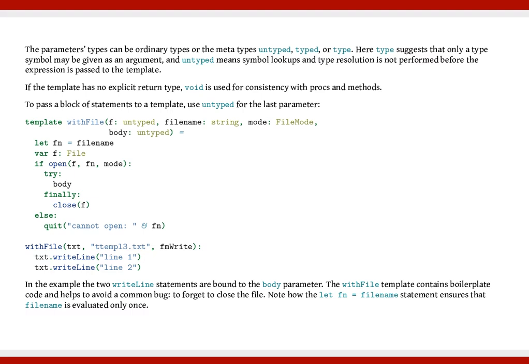In the example, the two writeLine statements are bound to the body parameter. The withFile template contains boilerplate code and helps to avoid a common bug: to forget to close the file. Note how the let fn = fileName statement ensures that fileName is evaluated only once.